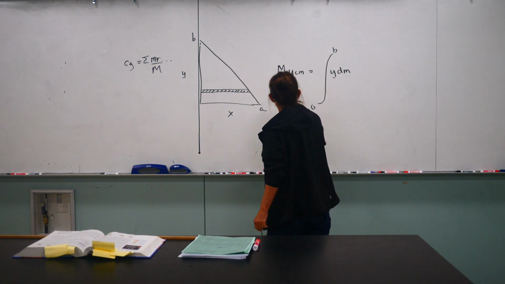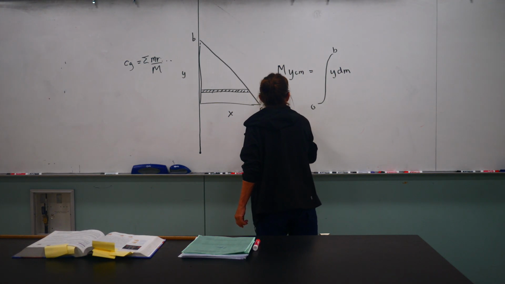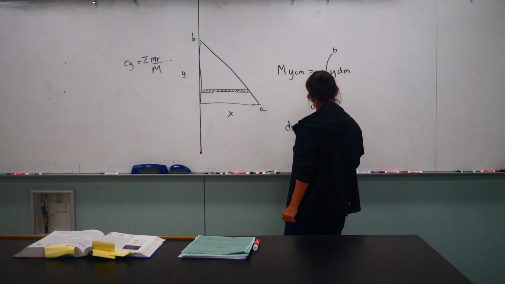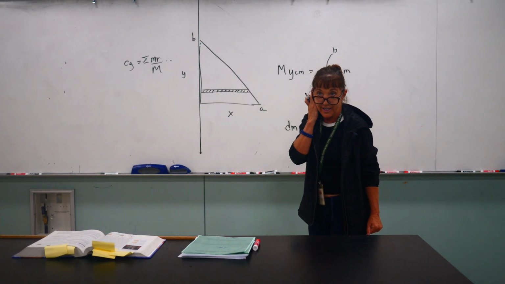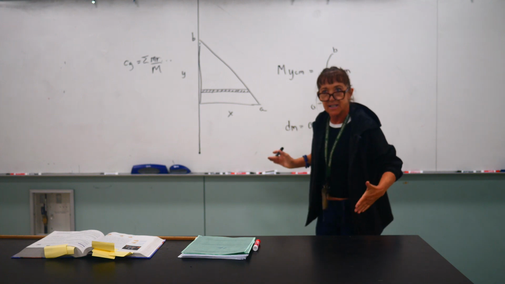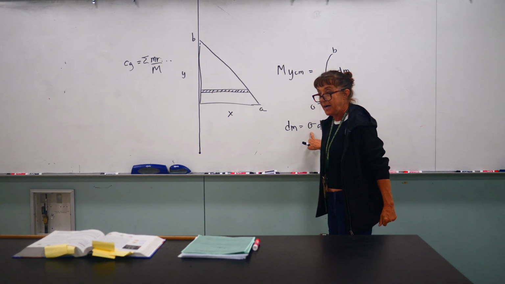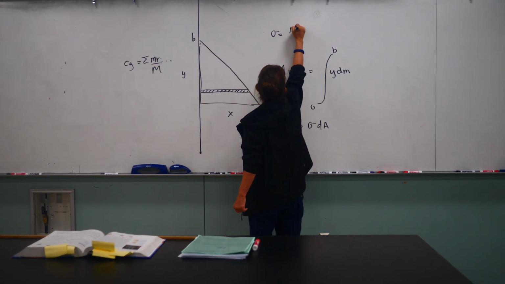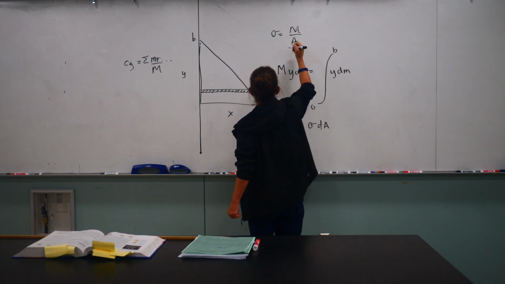Instead, dm is going to be equal to sigma dA. This is just an area. It has no thickness. Sigma is defined as mass over area.